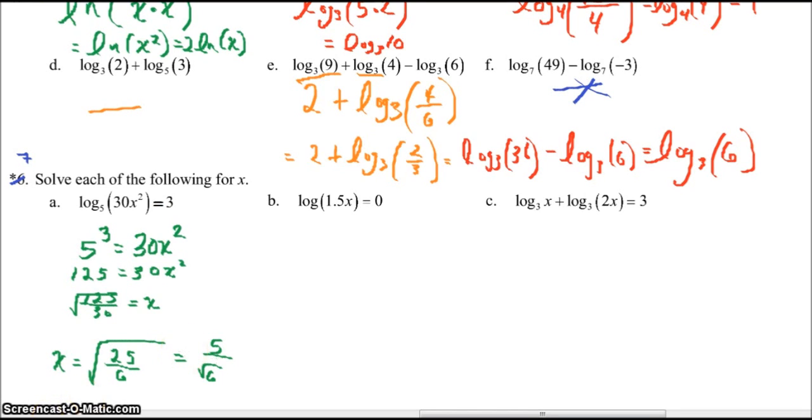And actually here, when I took the square root of both sides, I should have put a plus or minus, because we have a square here. The positive or negative answer will work.